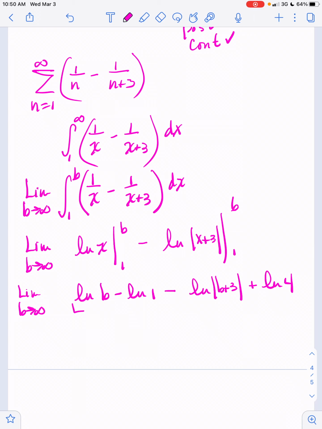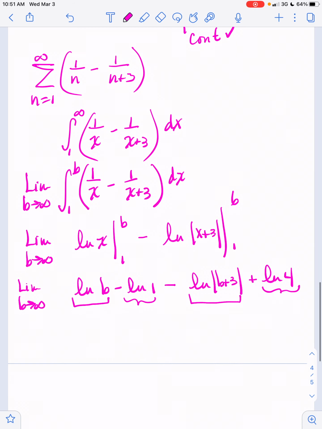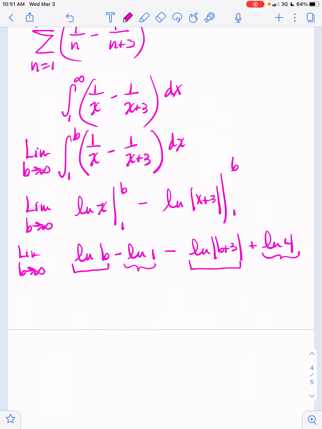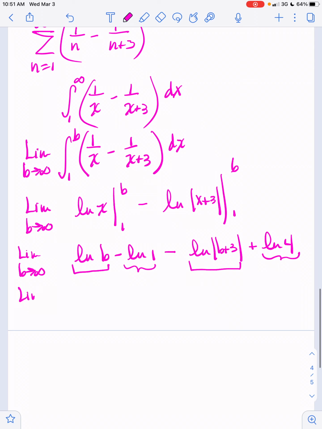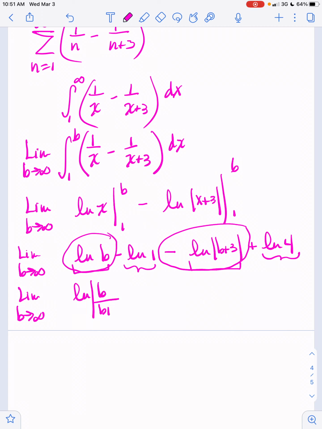Okay, so I'm not going to do anything yet because I am going to combine my natural logs, knowing I can compress this before I actually find the limit. So this one minus this one means I divide ln b over b plus 3. A minus, this is really 0, so I have actually ln 4.